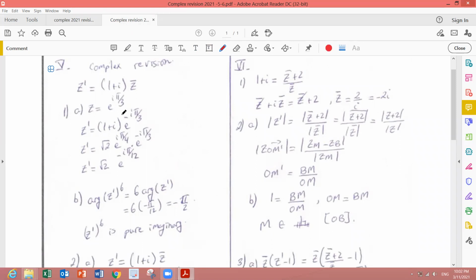Since we have Z bar, the argument of Z bar equals minus the argument of Z. 1 plus i can be written in the exponential form: the modulus of 1 plus i is radical 2 and the argument of 1 plus i is pi over 4, so it is e to the i pi over 4. It becomes radical 2, we add, we get minus pi over 12. This is the exponential form of Z prime.